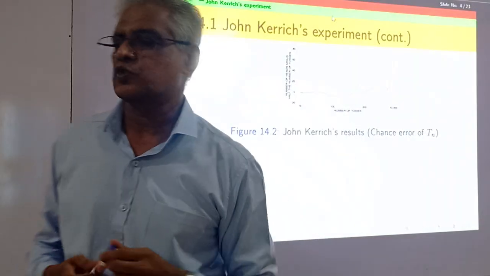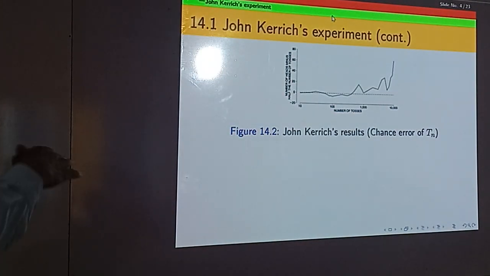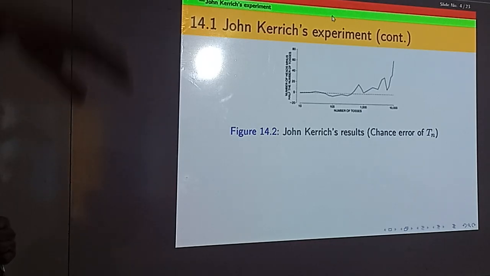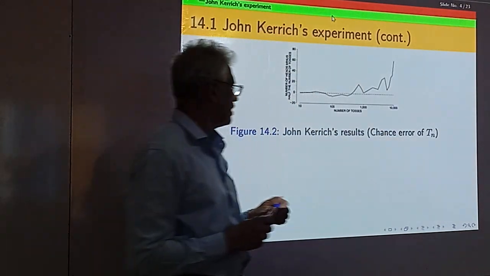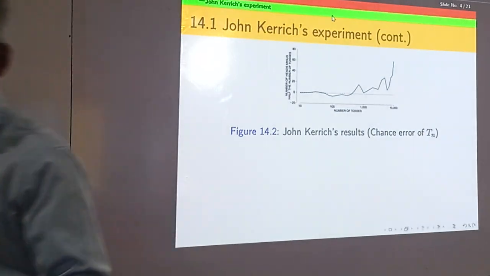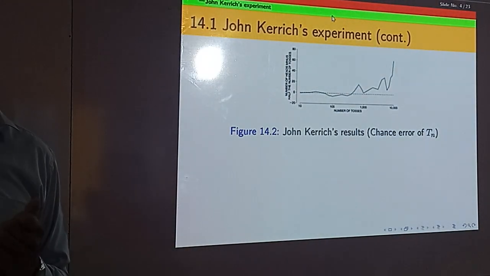This was one experiment. So that is what happened in that experiment when n is increased. At this point, they have done it 10,000 times. So that is the behavior of the chance error of the total number of heads when n increases.